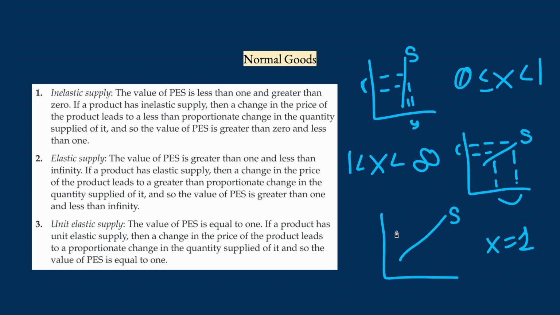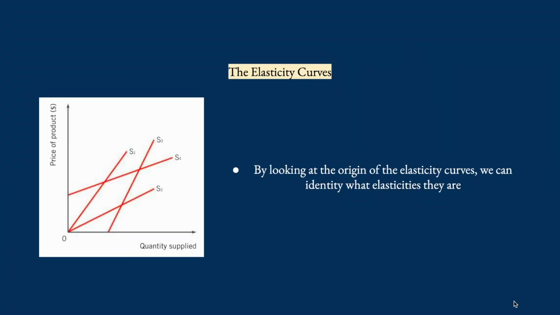And this is because if a product has a change in price, it leads to a proportional change in the quantity supplied of it. So in this case, we could say this area is the same proportion as this area, meaning that when you word it, a change in the price of the product leads to a proportionate change in the quantity supplied of it. All right, if you understood all of that, then this next slide should be very simple.